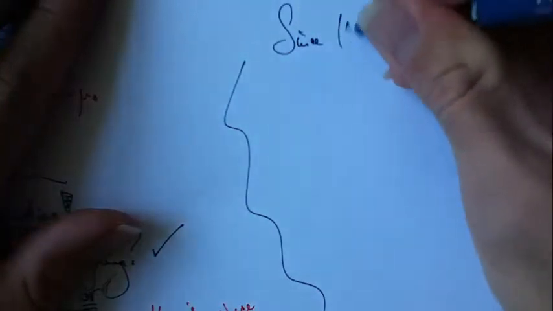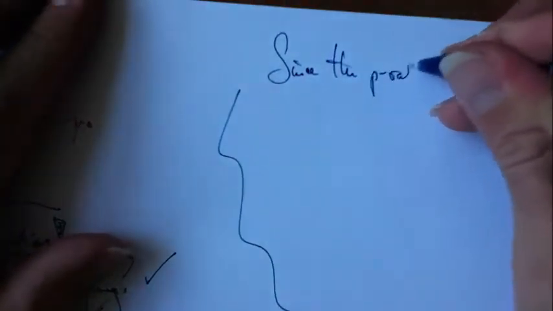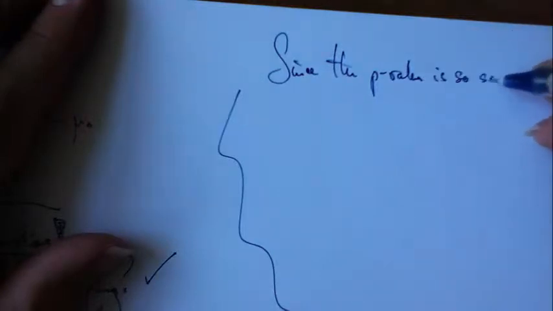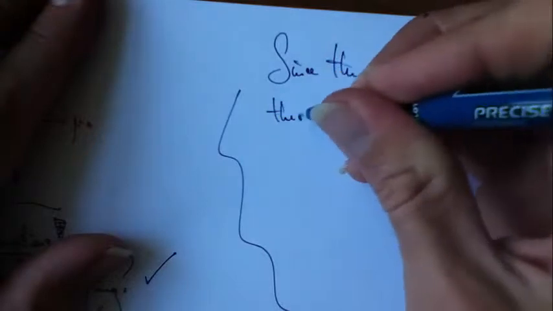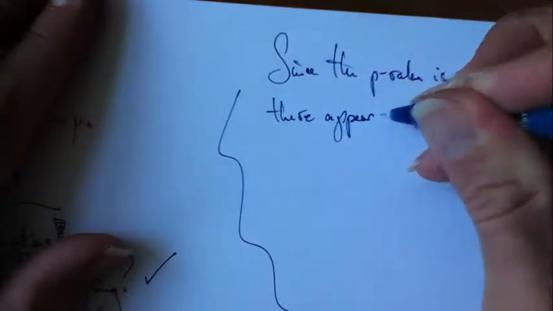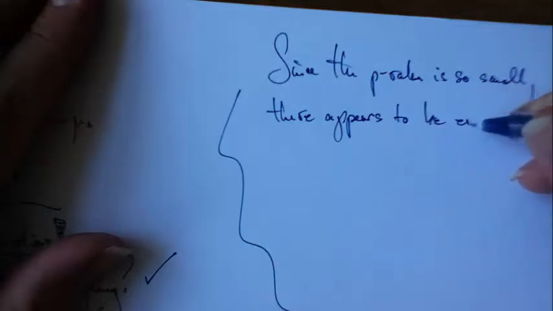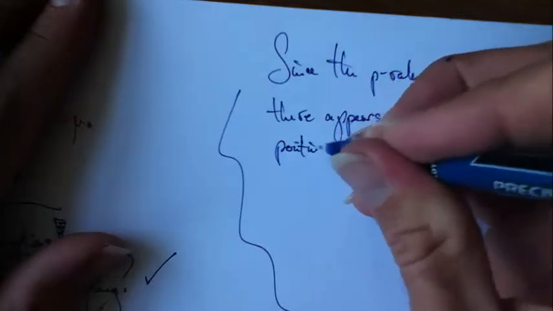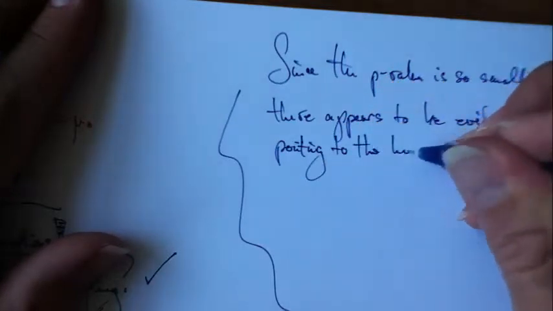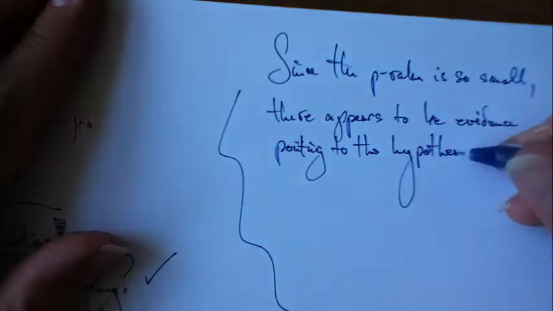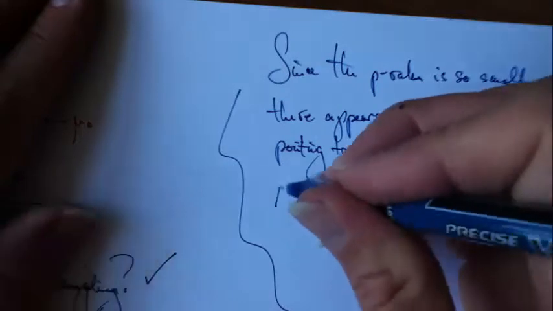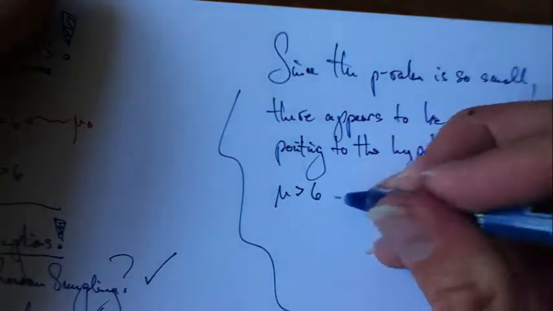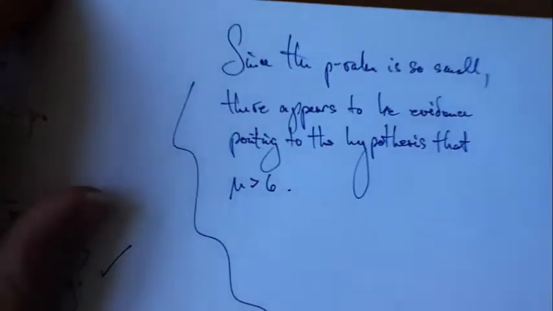So I'm going to say that since the p-value is so small, there appears to be evidence pointing to the hypothesis that mu is greater than 6. Okay?